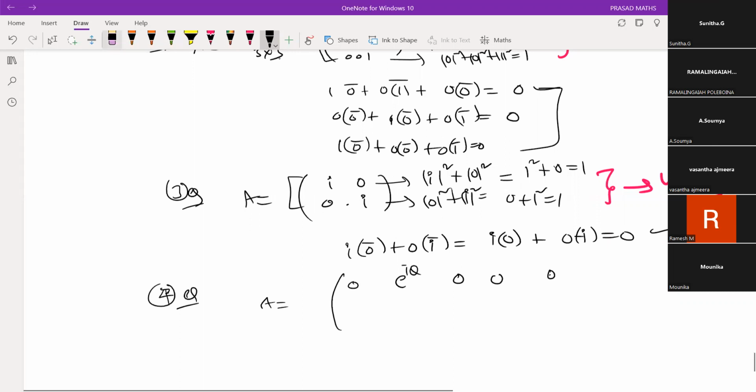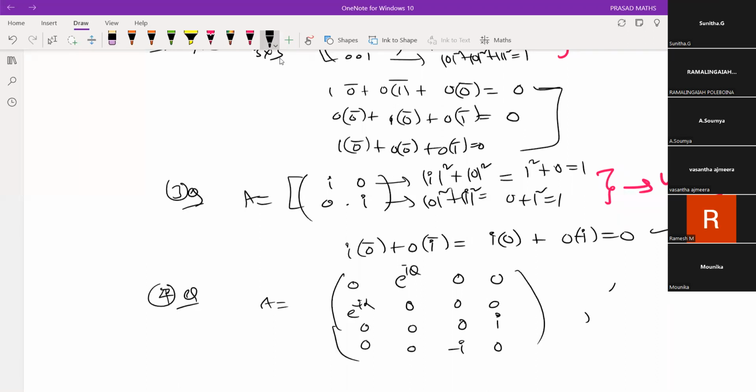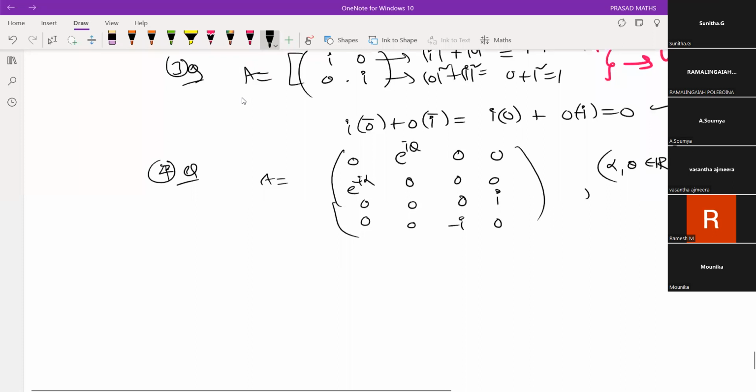Or else, for the sake of convenience, you can take only a 4 by 4 matrix, with e to the power minus i alpha, i, and the other entries 0, 0, minus i, 0, where alpha and theta are real numbers. Now tell me, is it actually a unitary matrix? The answer is yes. Look at the first row.